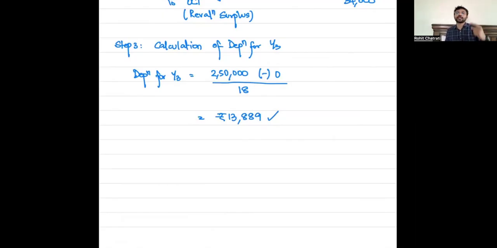You have to now calculate a revised depreciation based on the revised carrying amount and the remaining useful life. All right, so whether there's an impairment or a revaluation, you always recalculate depreciation because your old depreciation no longer holds good. Your carrying amount of the asset changes, and therefore your old depreciation does not hold good, whether there's an impairment or a revaluation.